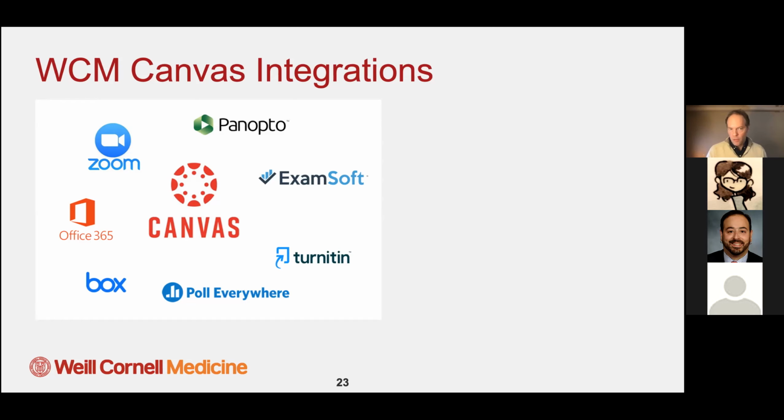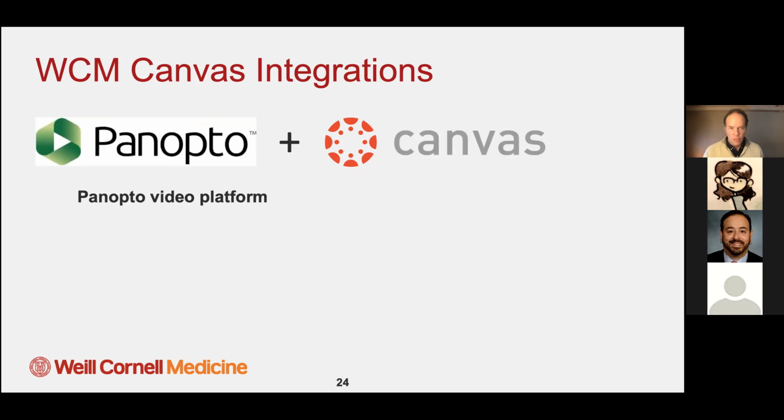The first one, probably our biggest integration and the one we use the most, is the Panopto video platform. This integration with Canvas allows course admins to put videos into each Canvas course, and the permissions for viewing the videos are inherited from the Canvas student roster.